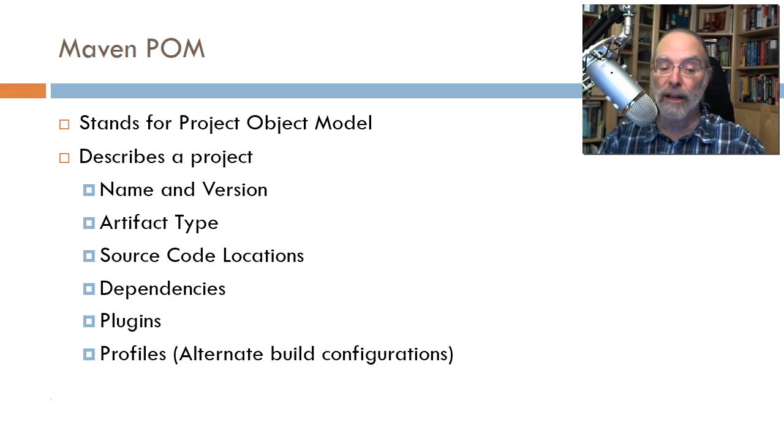It's possible to write a POM that can handle different types of builds depending on conditions that we set. And the POM is written in XML.